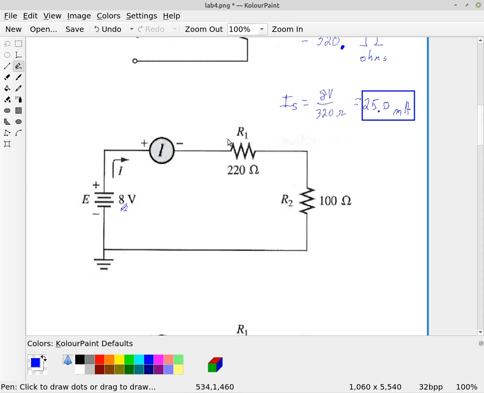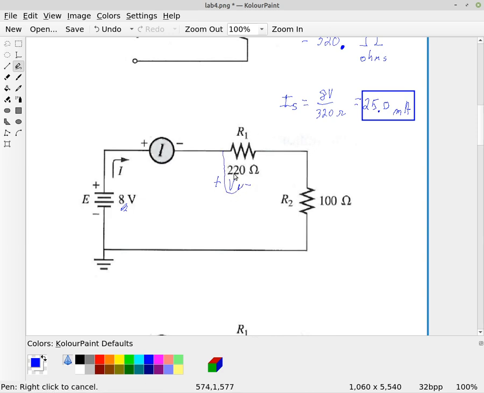Alright, so if we look at that, we can now come over to R1 and apply Ohm's law to find out what the voltage drop is across R1. So we can find the voltage V1, which is the voltage dropped.